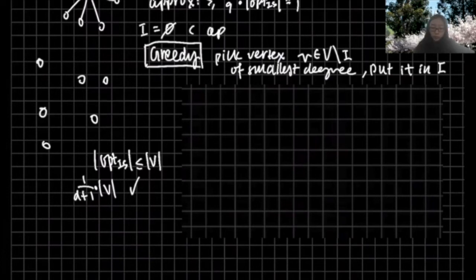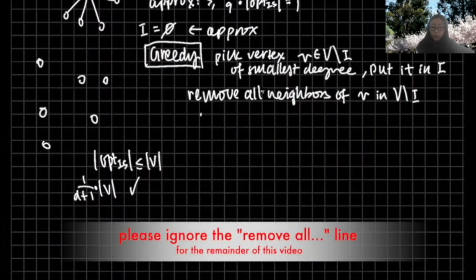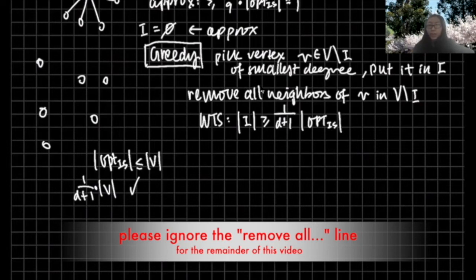Again, our approximation set is set I. So we want to prove that the size of our approximation set is at least 1 over d plus 1 of the cardinality of the optimal independent set.